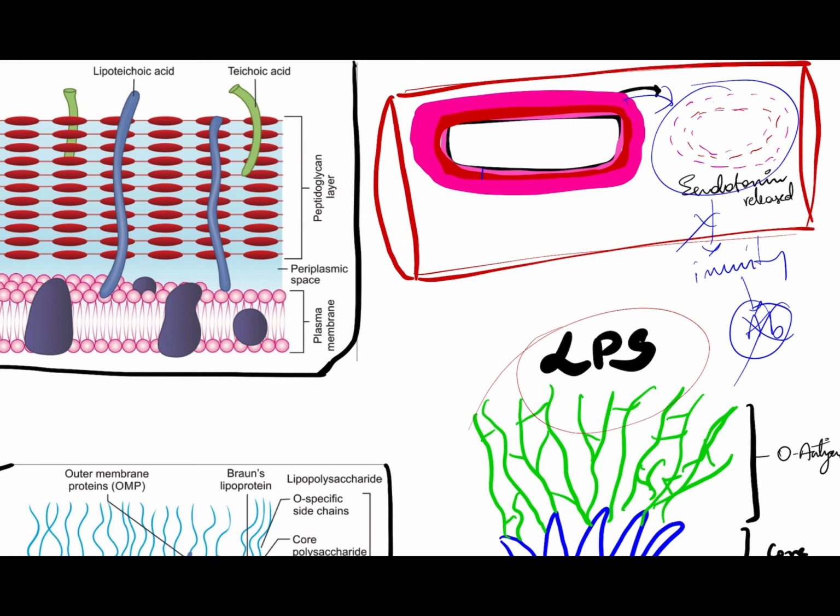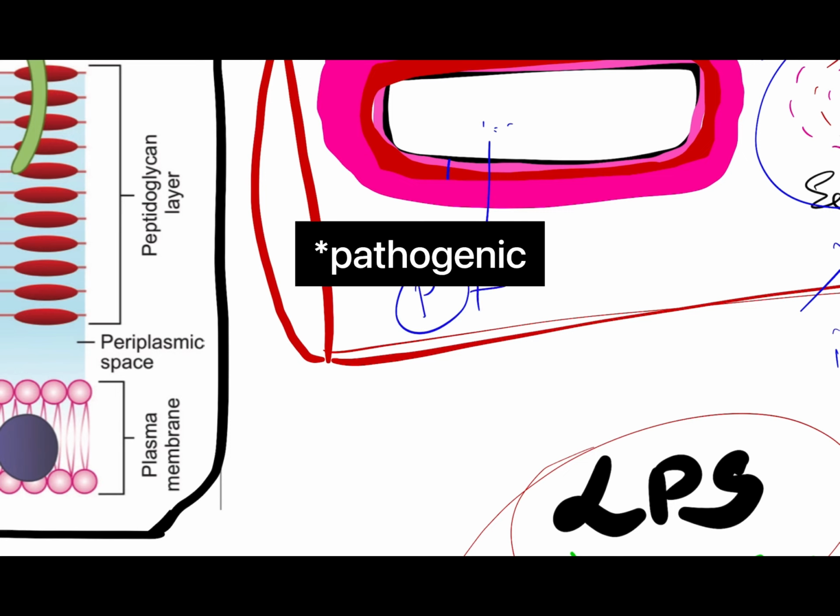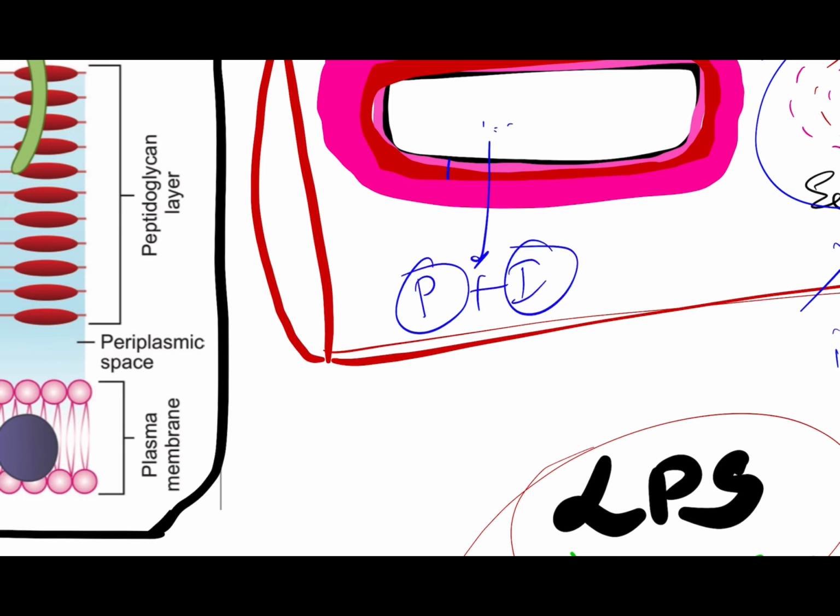But unlike endotoxin, this exotoxin, when it is released into the bloodstream, causes both pathogenesis and it also stimulates the immunity, right? So definitely antibodies are formed against these released exotoxins, right?